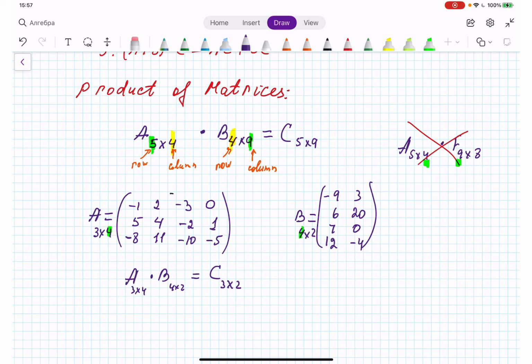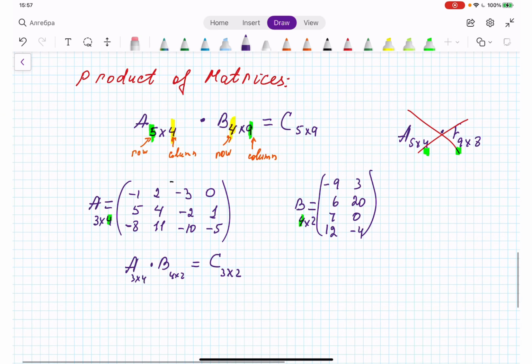Now let's follow our multiplication, how we are going to multiply.